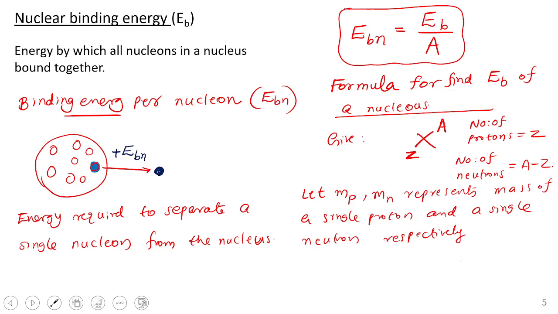Then nuclear binding energy. There are certain theories you have to keep in your mind. Its definition is very simple: the energy by which all the nucleons in the nucleus are bound together. If you look at the nucleus, there are plenty of protons and neutrons inside it.